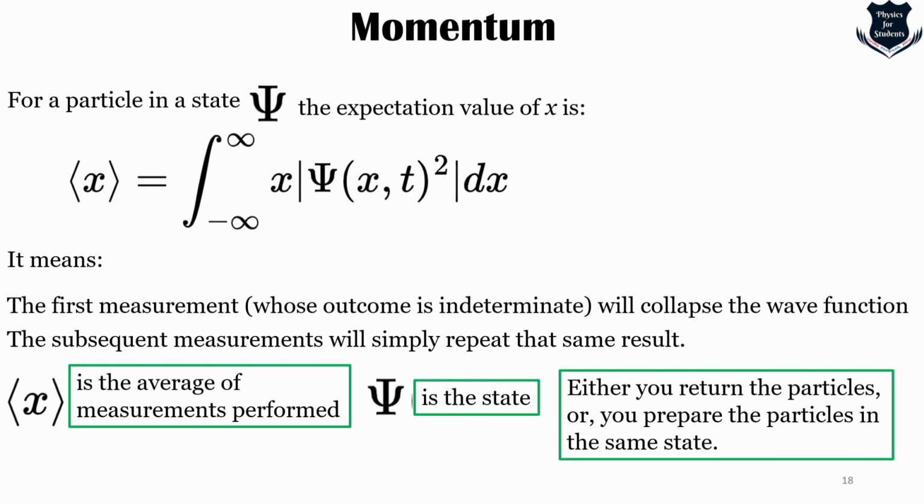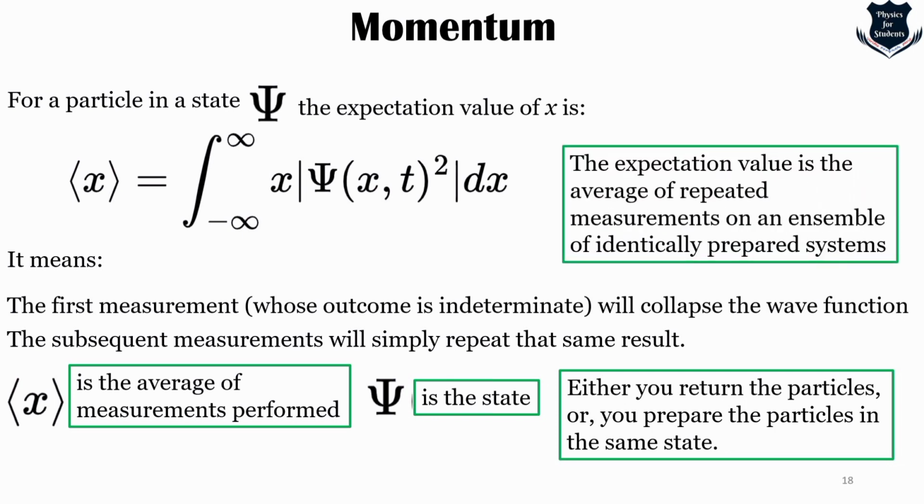That shows how, for a particle in the state psi, the expectation value is the average measurement, and psi is called the state. Most important: the expectation value is the average of repeated measurements on an ensemble of particles or on a prepared system.